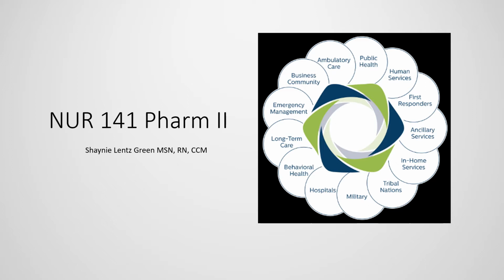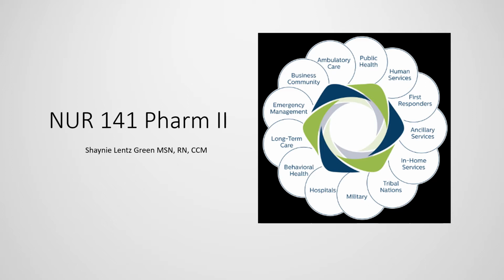So this image here is really just showing all the different services that are available. If you look at the bottom at around 7 o'clock: hospitals, mental health, behavioral health, long-term care facilities, emergency response, ambulatory care, such as all the different clinics that we have, and public health for something like COVID infections, reporting of infectious diseases.